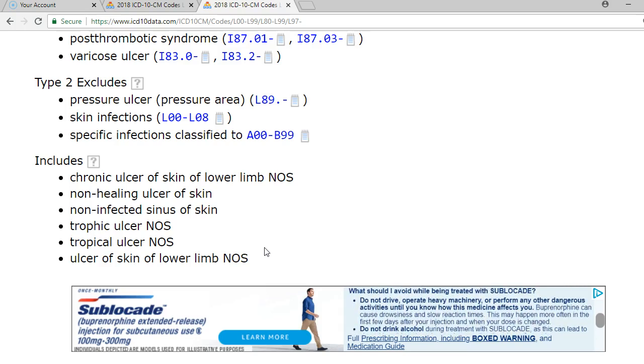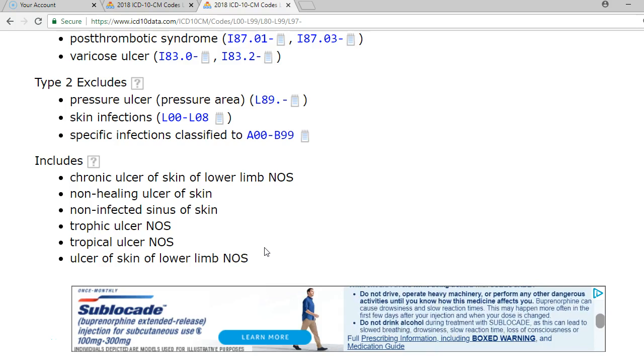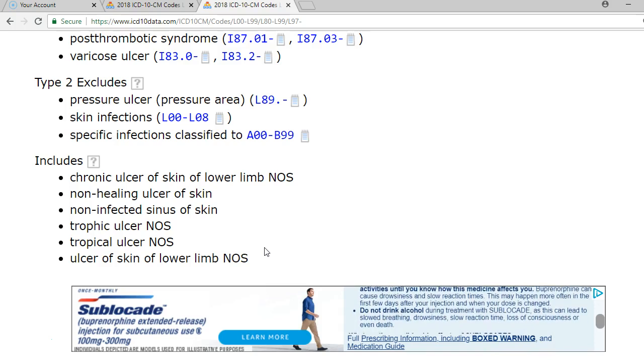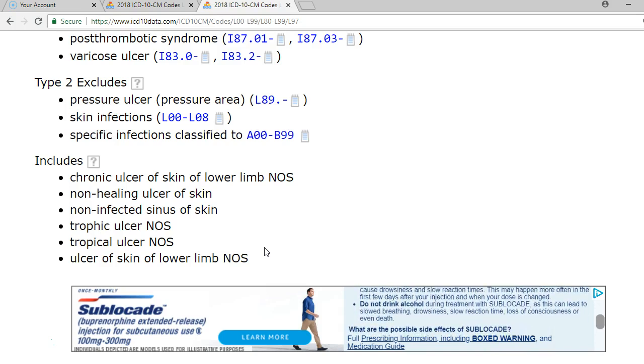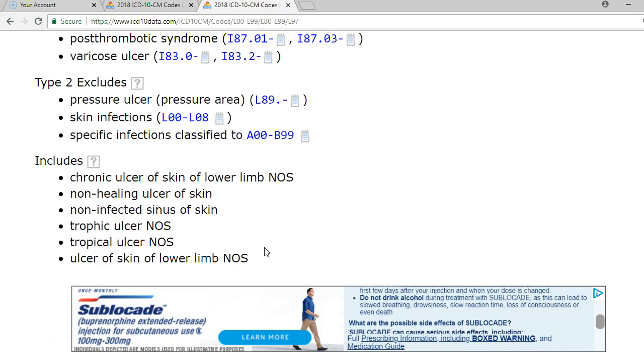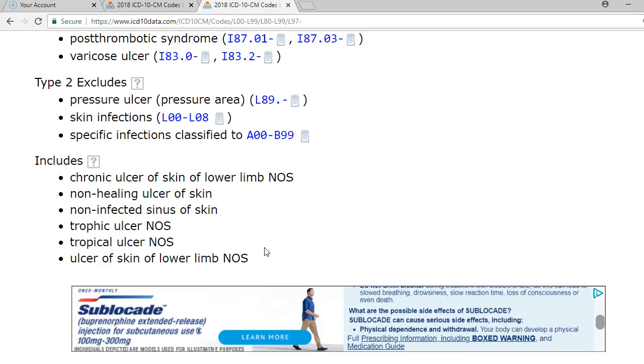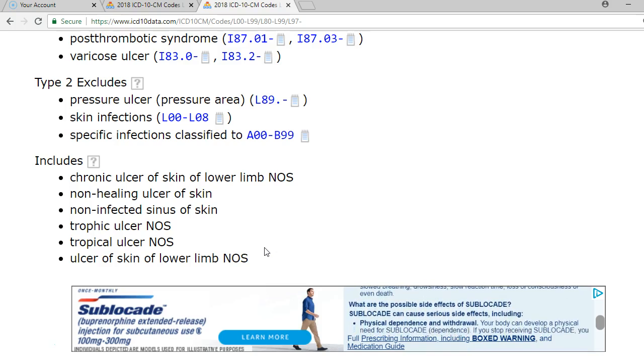They're sitting in a chair, or they're laying down. Maybe they're not being turned, or they can't turn as much as they're supposed to. Versus non-pressure ulcers can be caused by a variety of scenarios, including diseases and conditions. So you can have a diabetic who has a pressure ulcer, or a diabetic who has a non-pressure ulcer.